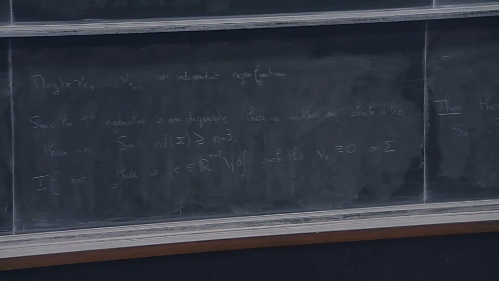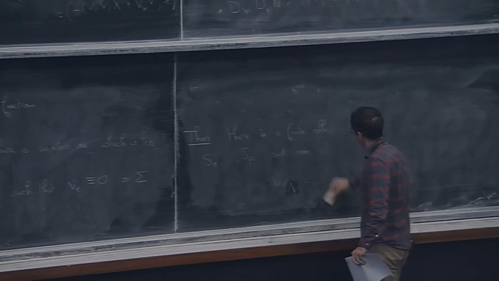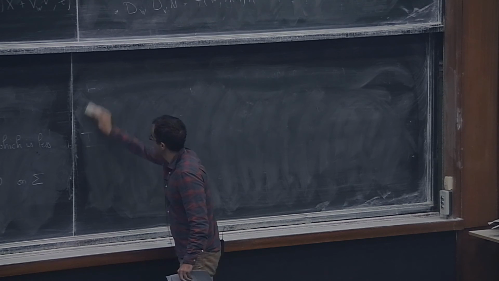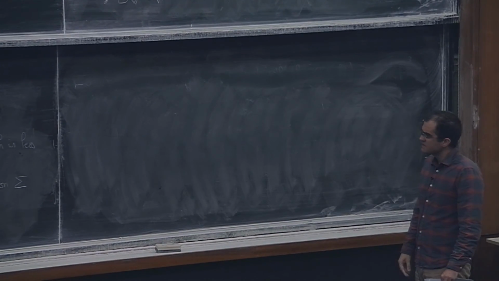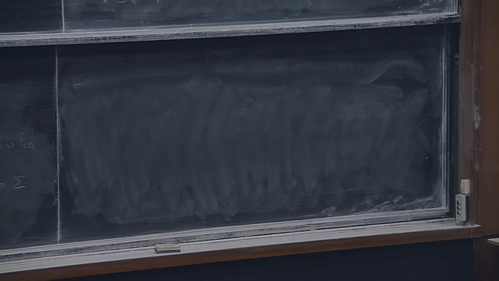Okay, I have this. So it tells me that the vector E is orthogonal to the unit normal at any point on sigma.